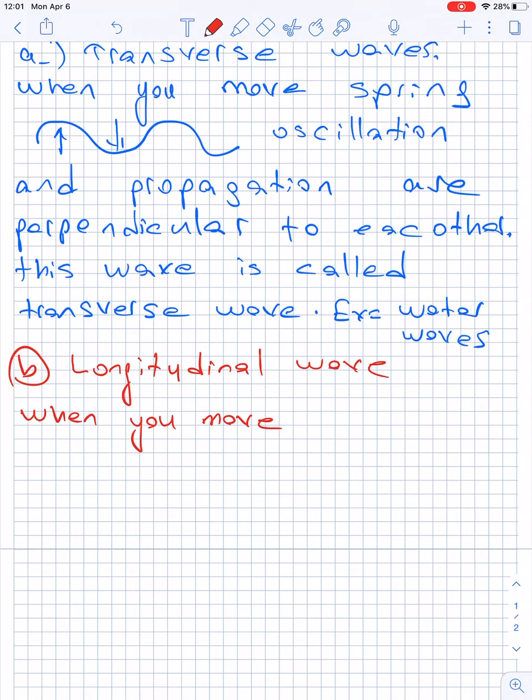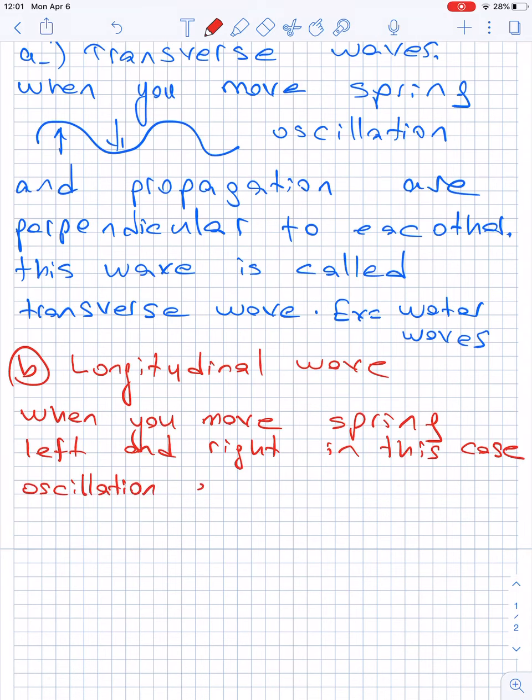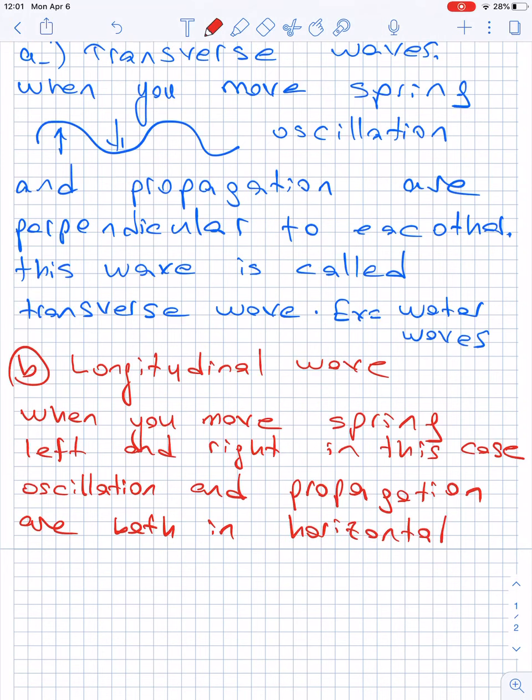When you move a spring left and right, in this case, oscillation and propagation are both in the horizontal plane.